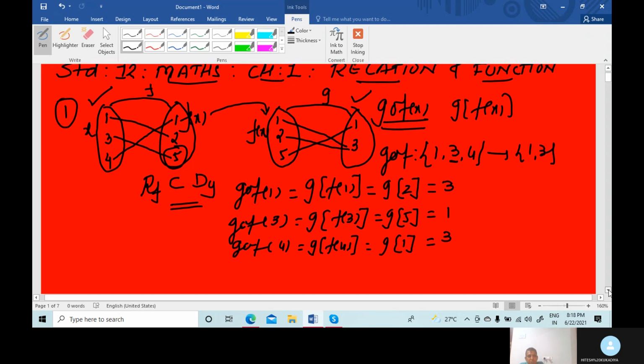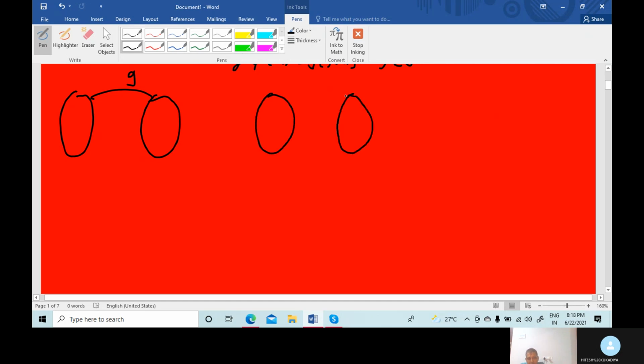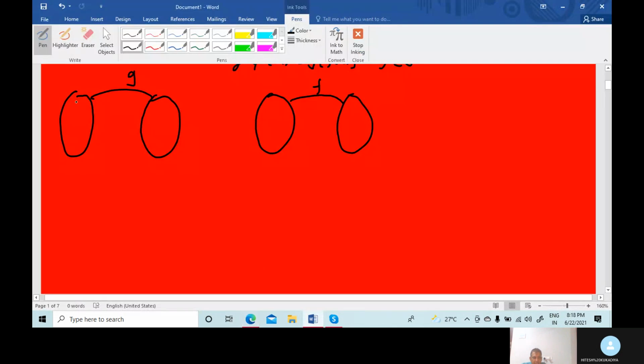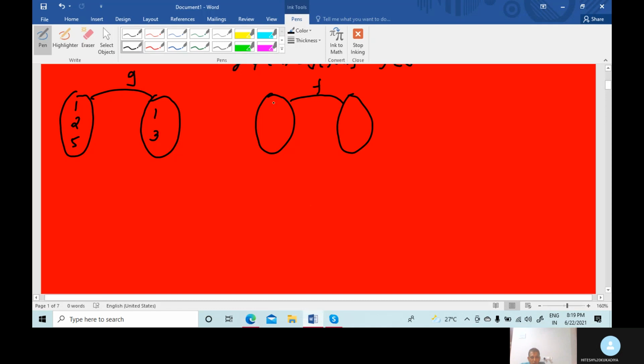But we discuss more about this question. We also find whether f∘g is possible or not. We check here. First we write the function g, then the function f. The function g is from {1, 2, 5} to {1, 3}, and the function f is from {1, 3, 4} to {1, 2, 5}.